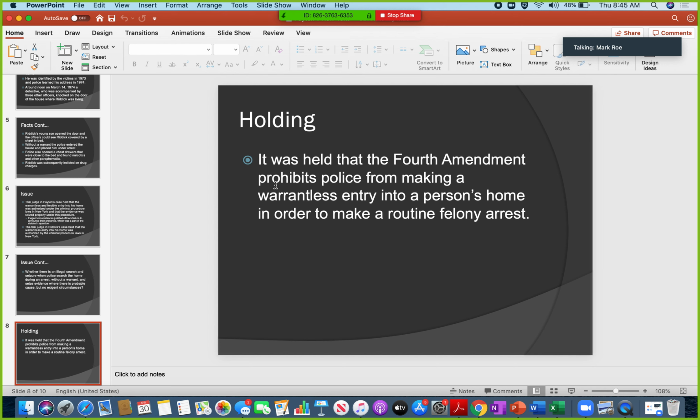So in this case, the Supreme Court actually ruled in favor of Payton and Riddick. Okay, basically saying that officers had overstepped their bounds and that there was an unreasonable search and seizure that took place. So the Supreme Court ruled in favor of Payton and of Obie Riddick. Okay, so this addresses how the court ruled.